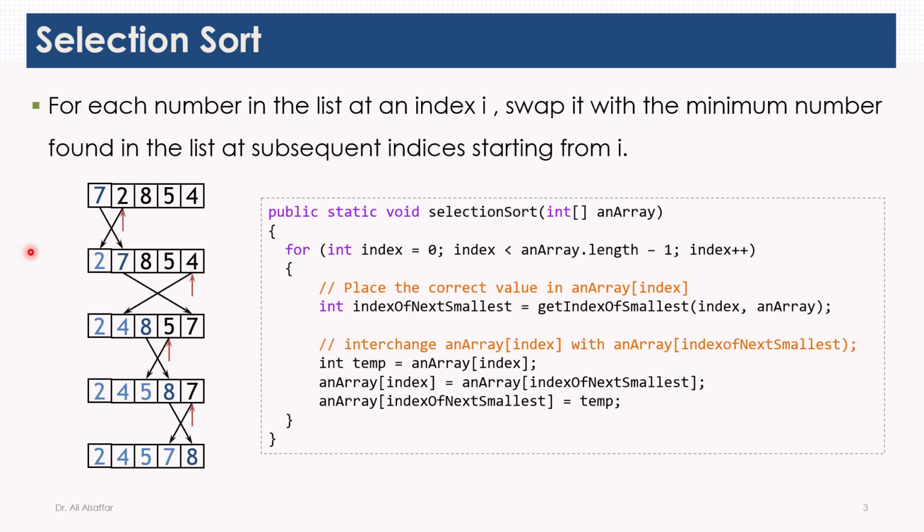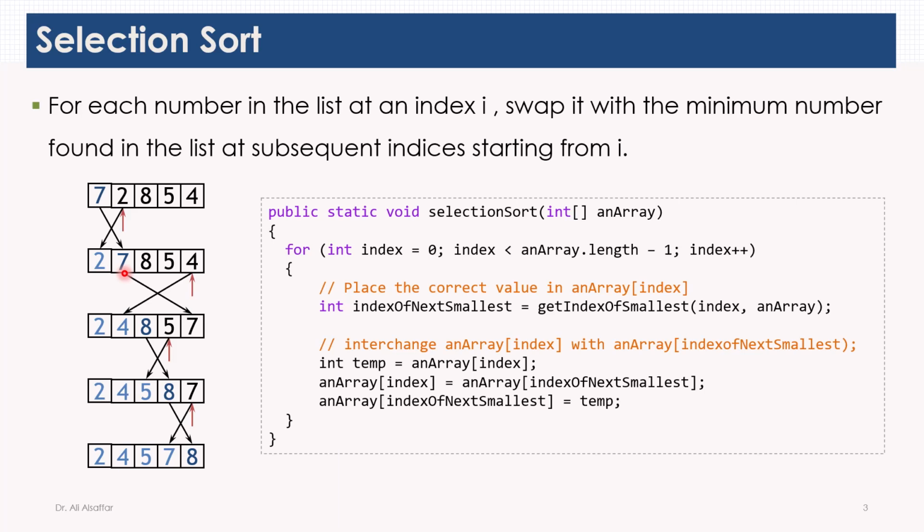In the next iteration, when index is equal to 1, we are talking about this index variable, which now becomes equal to 7. And this one will be an input parameter to the method as well as the array. So the method will look at all elements starting from index 1 until the end. So starting from 7 it goes to 8, 5, and 4.